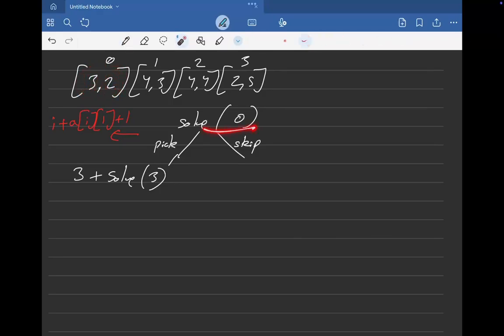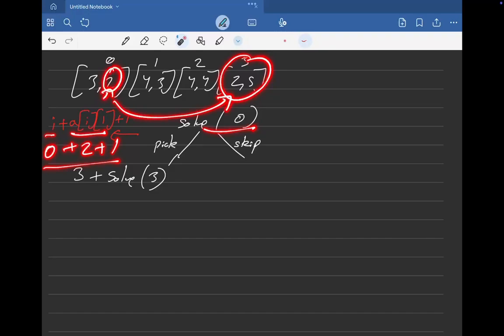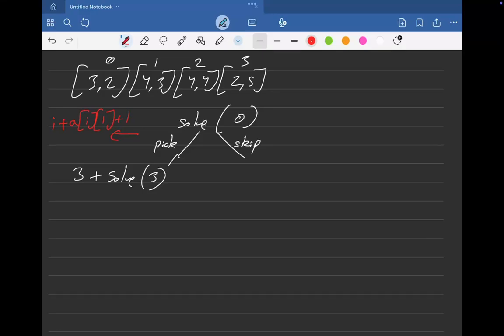So first we have 0, then 0 and 1 means 2, then 1. So I will directly jump onto this index. It means I am unable to solve the next two problems. Otherwise I will skip this and I will reach index 1.